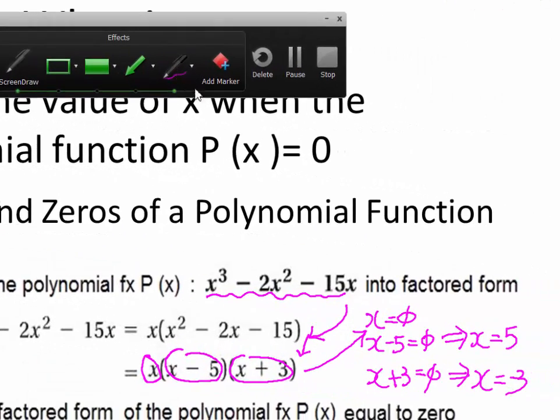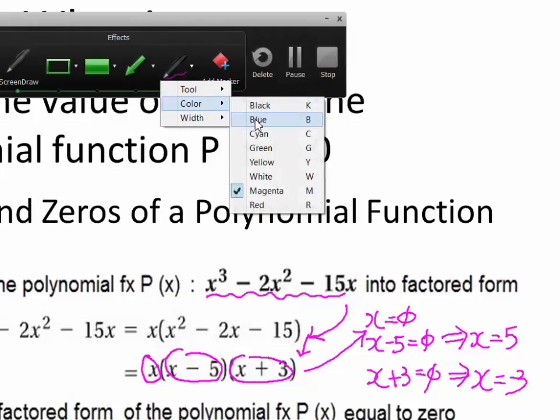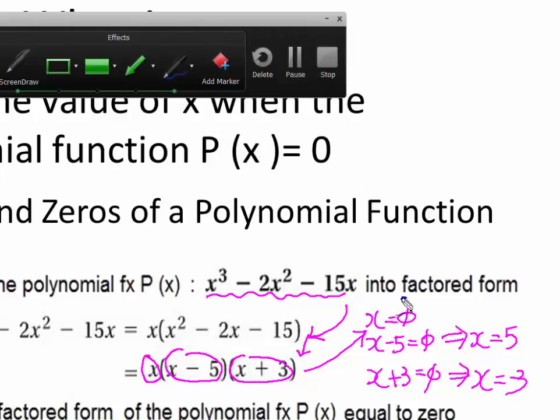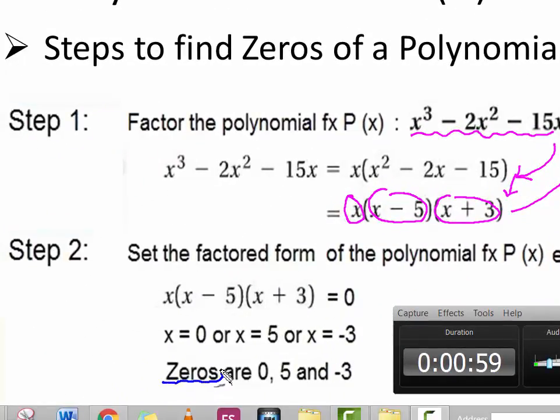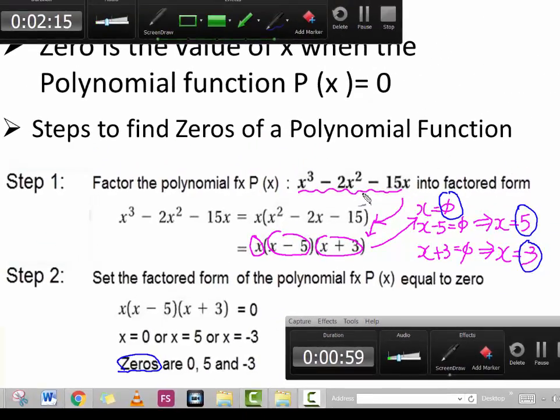Let me change the color of the pen to highlight it for you. So right here, the 0, 5, and negative 3 are the zeros of this polynomial expression.